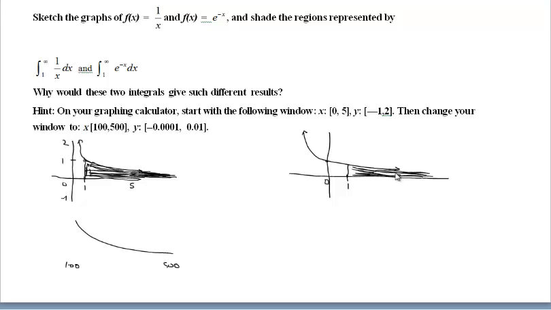It's virtually the x-axis. So big difference between these two graphs. That would maybe lead us to believe that this one should be divergent and this one right here is approaching some particular space. I can find the area under this curve to the x-axis even though my upper limit goes to infinity.